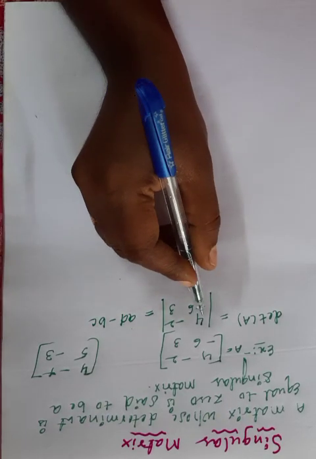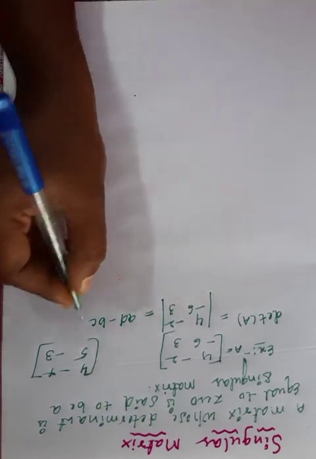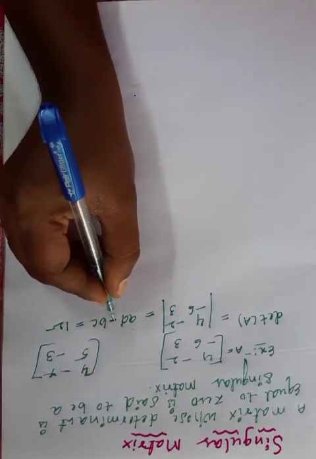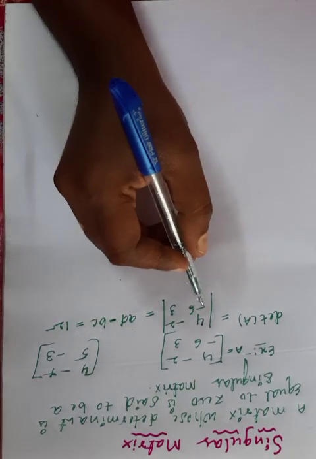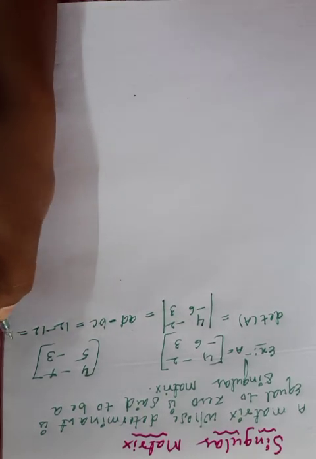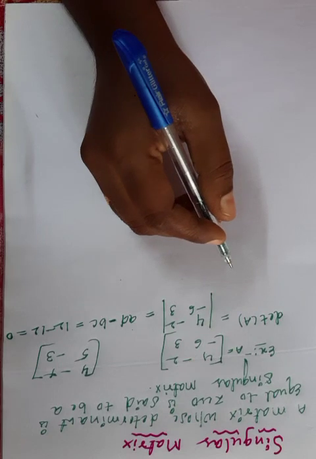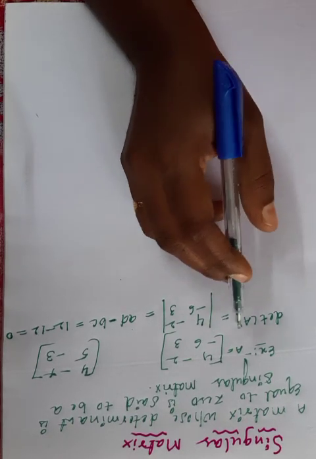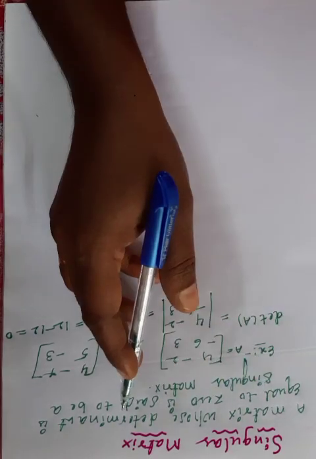So here A is 4, D is 3. So 4 threes are 12, minus B into C. Minus into minus plus, 6 twos are 12. So 12 minus 12 is 0. Hence, the determinant of the given matrix A is 0. So we should call the given matrix A a singular matrix.